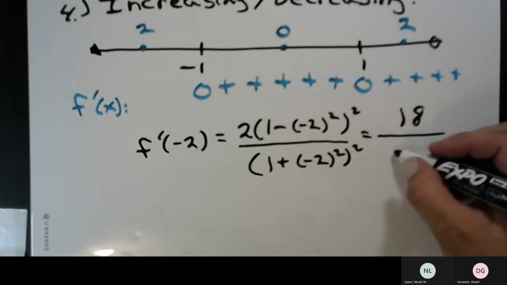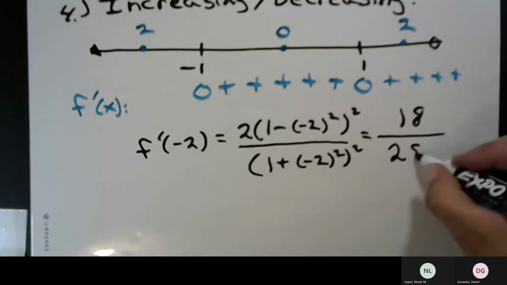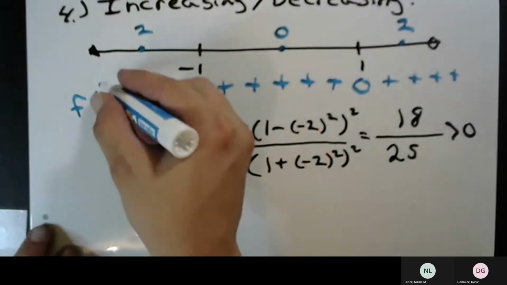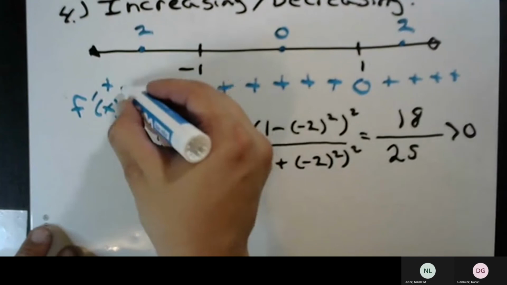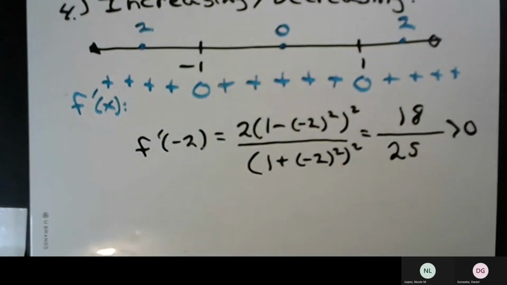So -2 squared is 4, plus 1 is 5 squared, that's 25. But still, it's greater than 0. This one would be 18 over 25 instead of 2. But this is what we're going to get.